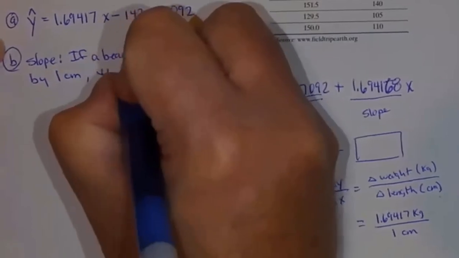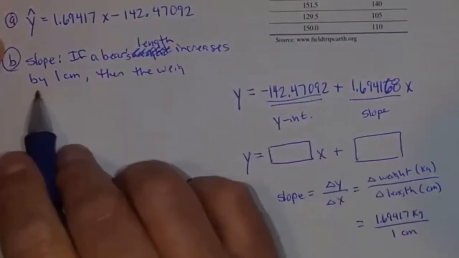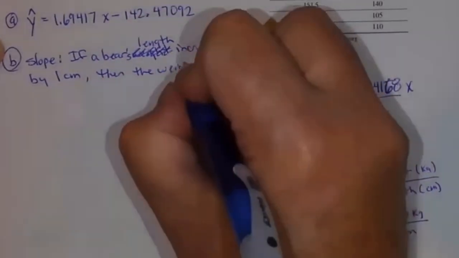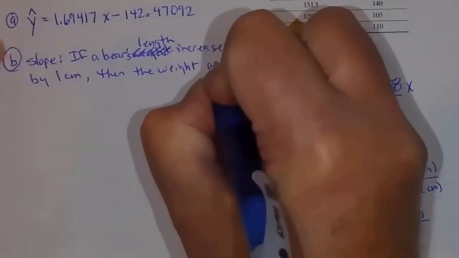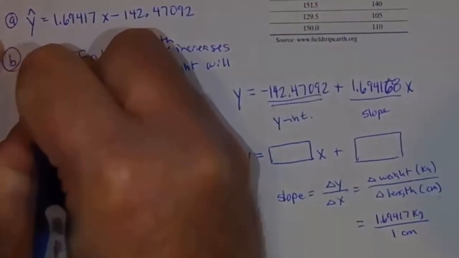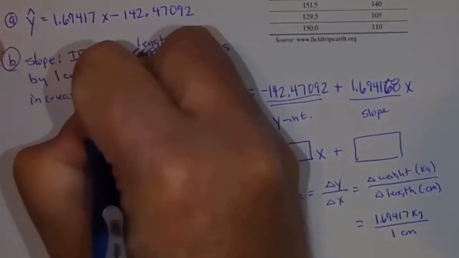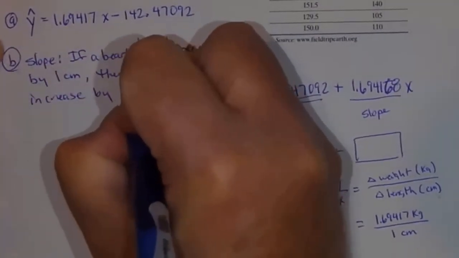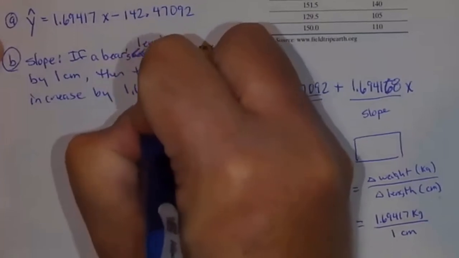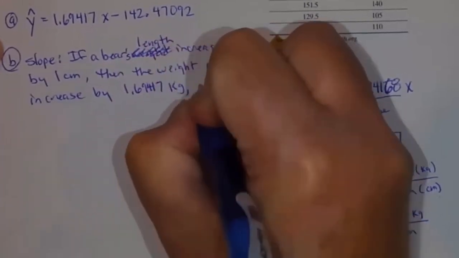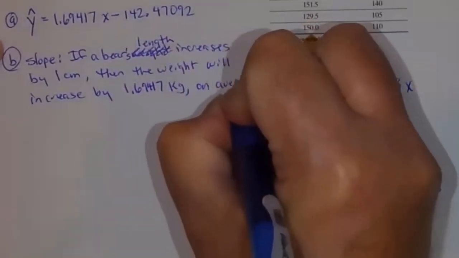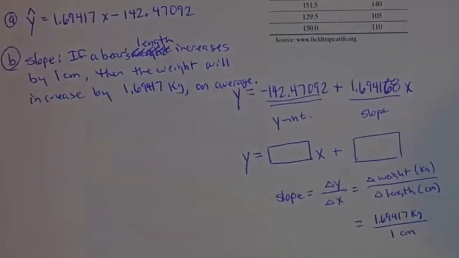If the bear's length increases by 1 centimeter, then the weight will increase by 1.69417 kilograms on average. So for every time a bear gets a centimeter longer, the weight of that bear is going to go up on average by about 1.69 kilograms.